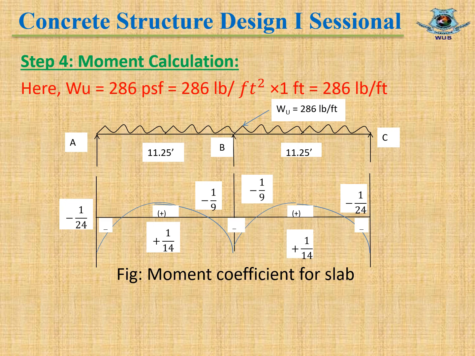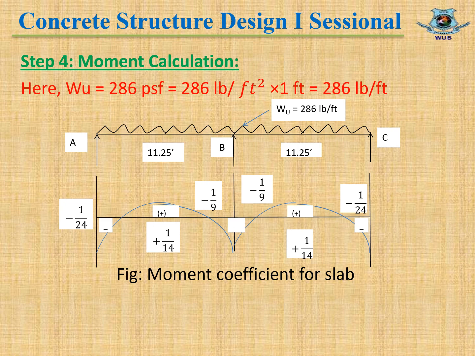Step 4. Moment calculation. Total load WU equal to 286 psf equal to 286 psf into 1 feet equal to 286 pound per feet. Here 1 feet is the width of the slab. As in one-way slab, we always take width b equal to 1 feet or 12 inch.